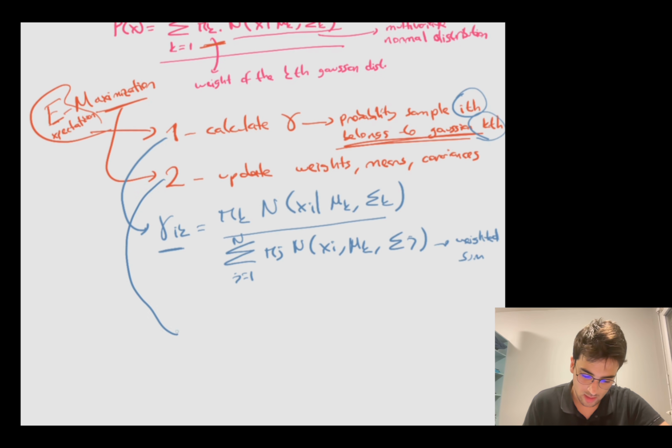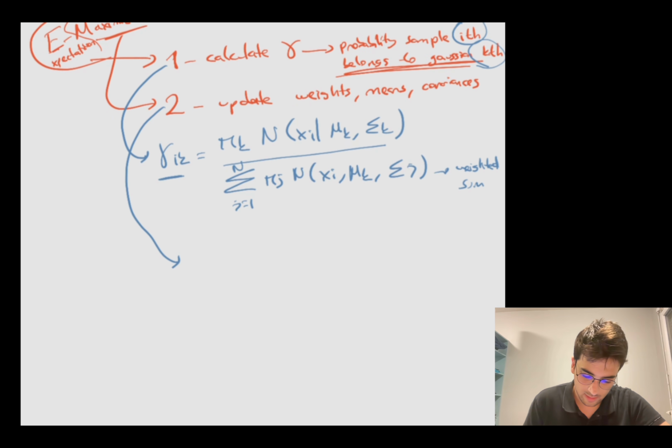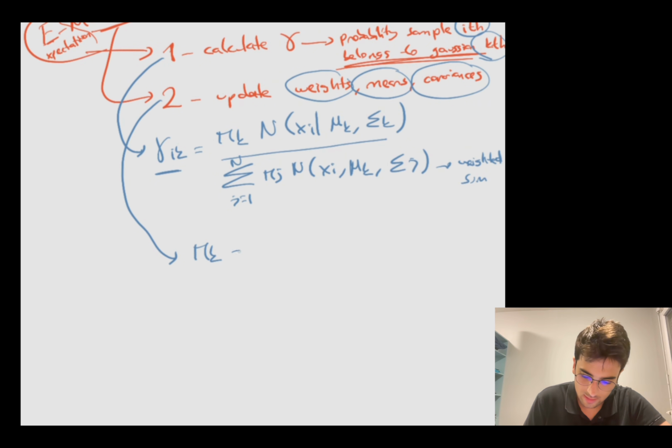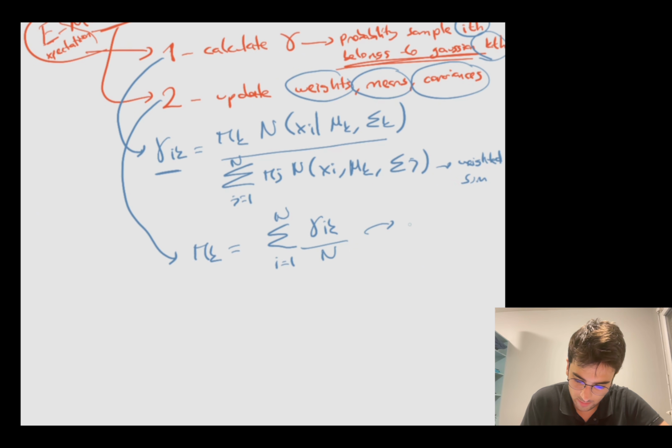After calculating this, we update three variables: weights, means, and covariances. The weights are updated via this function, the sum from i equals 1 to n of gamma ik, divided by n. So this is the average of probabilities.